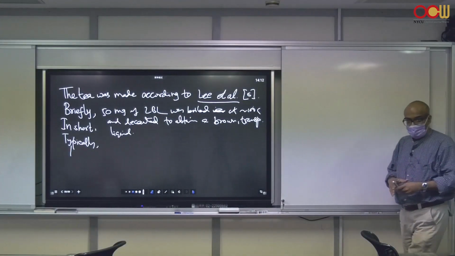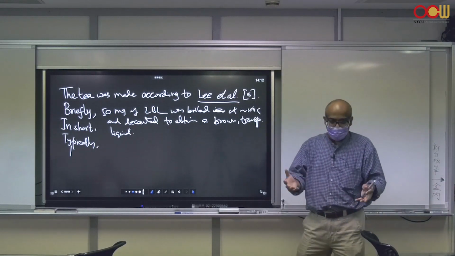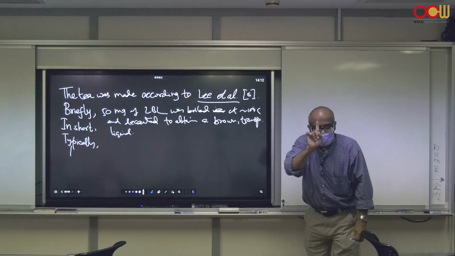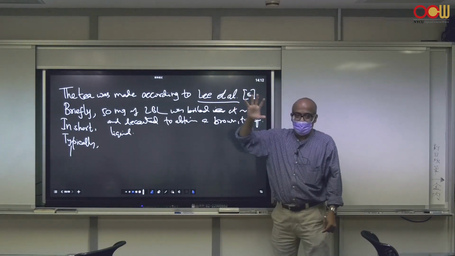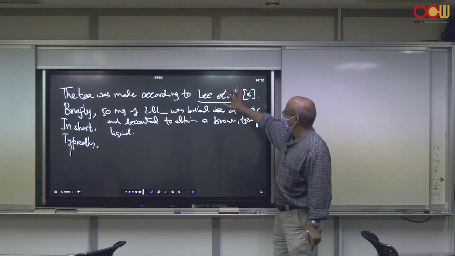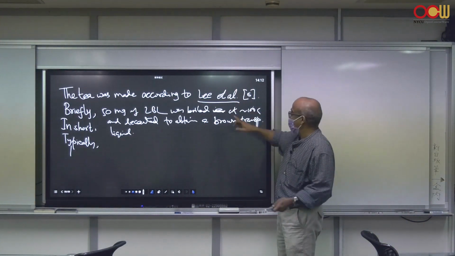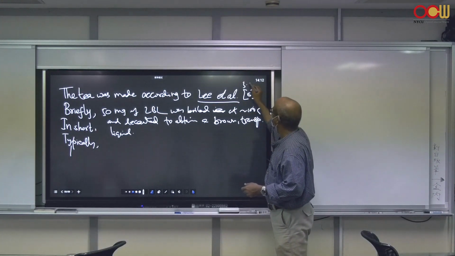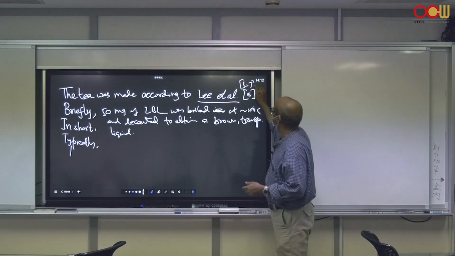So if you want to say that the MRI experiment was done in this machine or that machine and you are following a paper, the first line should be that the OCT, the MRI, or whatever experiment was done according to, and this can be many. If you want to say I have followed 3 papers, just put 5, 6, 7, 5 to 7, no problem.